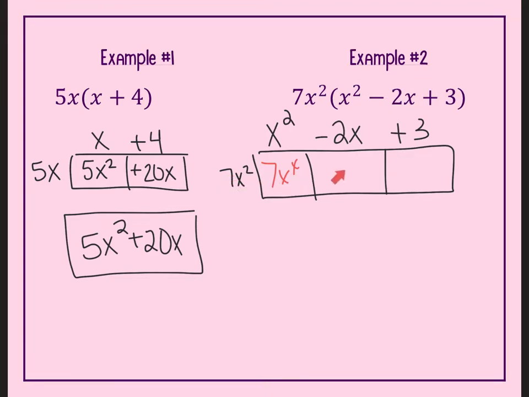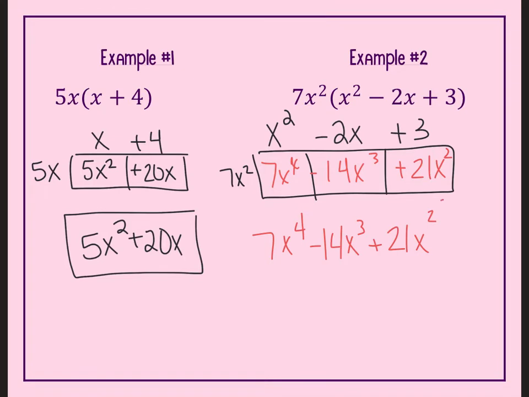So 7x squared times negative 2x is negative 14x cubed. And the last one, 7x squared times a 3, would be a positive 21x squared. Now we don't have any like terms, and so this would be your final answer.